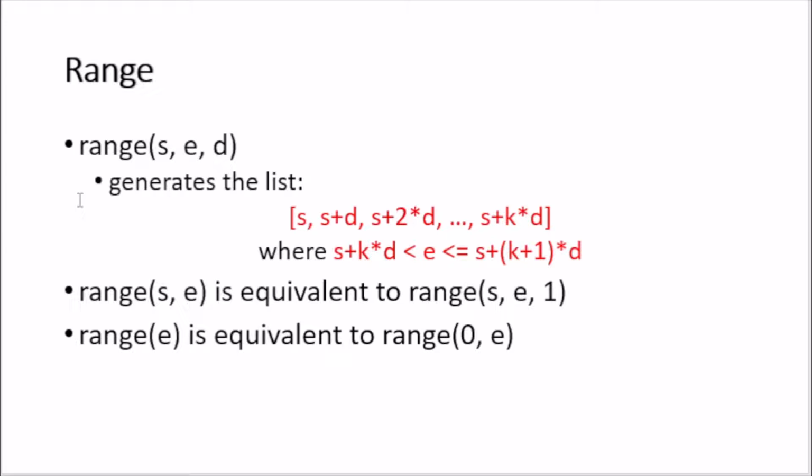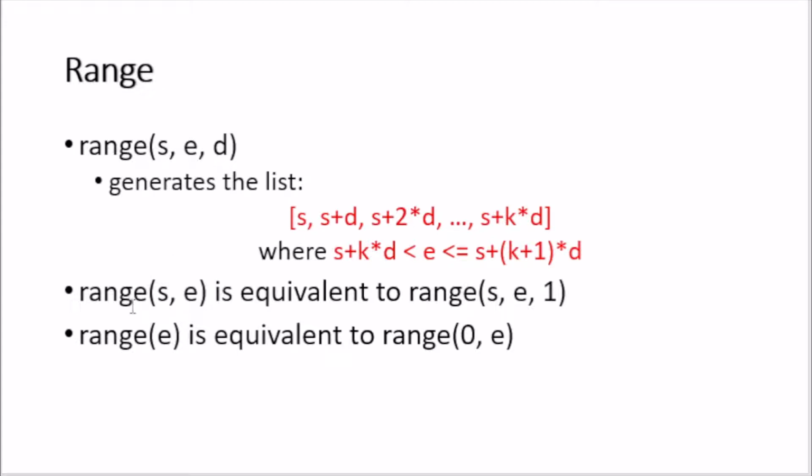So the beginning can be specified by means of s, the end can be specified by e, and the step, that is the difference between two numbers in the sequence, can be specified by means of d. Sometimes we can skip e comma d because it's optional.